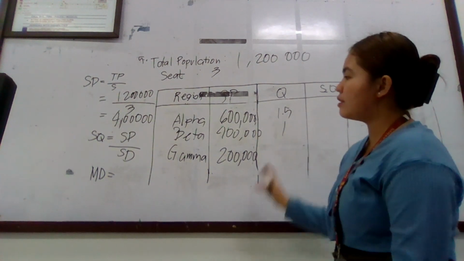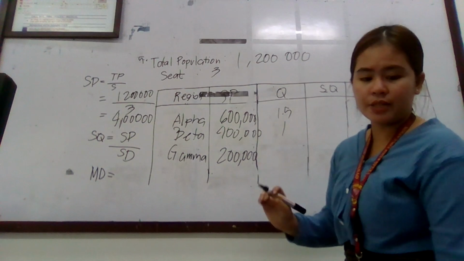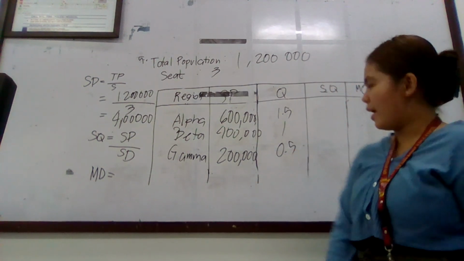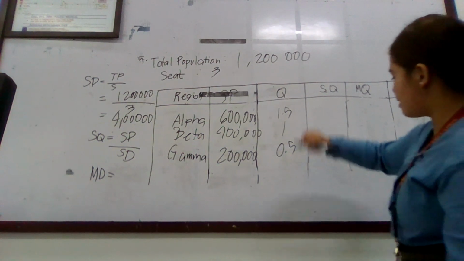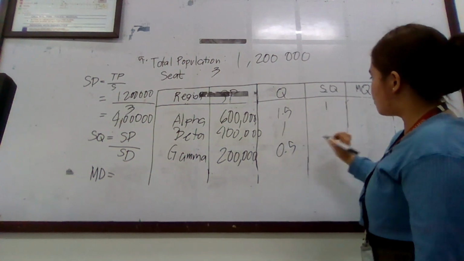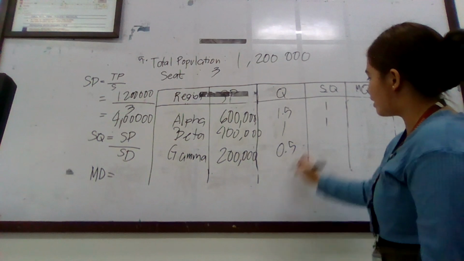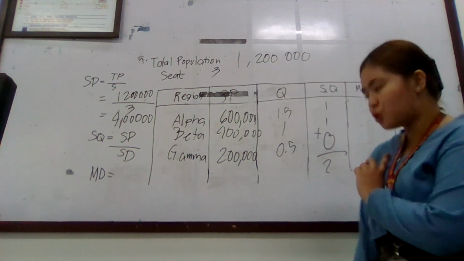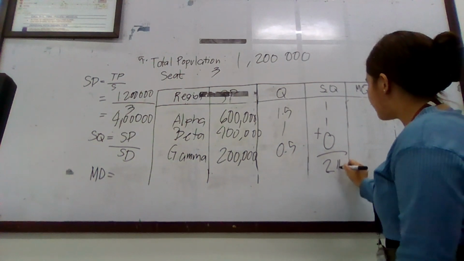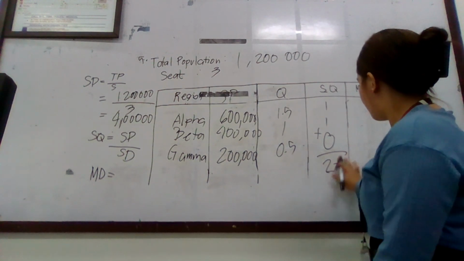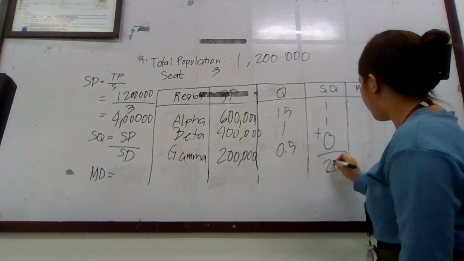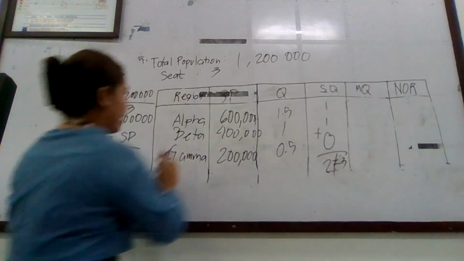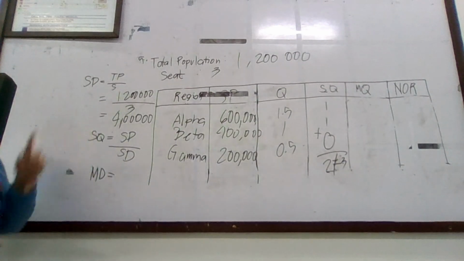And 200,000 divided by 400,000 will give us 0.5. So let us get our standard quotient. This will be 1. This will also be 1. This is 0. When you add up, this will only give us 2, which is not equal to 3. So let us get our modified standard divisor.